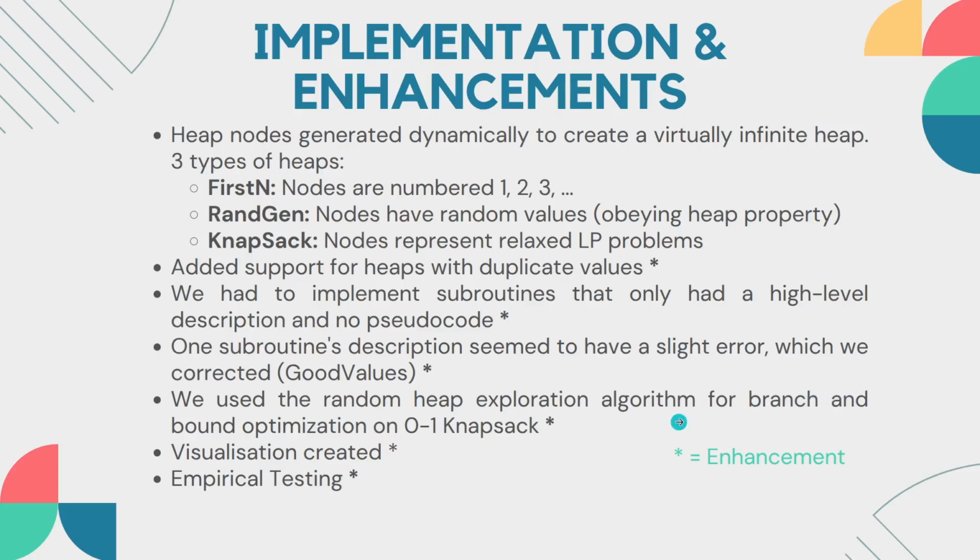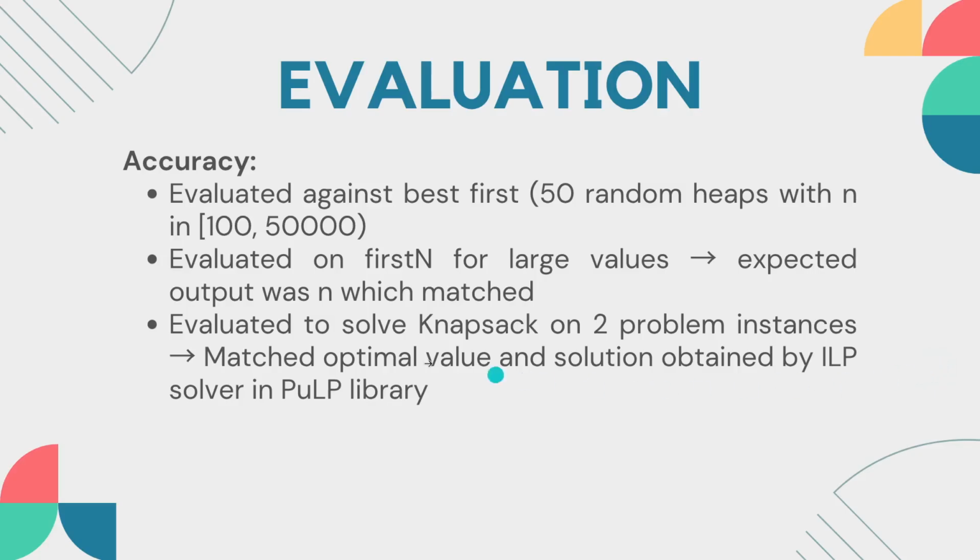On top of that, again, we used this implementation to actually test the branch and bound method to see if it actually works. And again, the visualization we created is new, and the empirical testing we carried out is new. We tested on some explicit heaps and some implicit heaps.